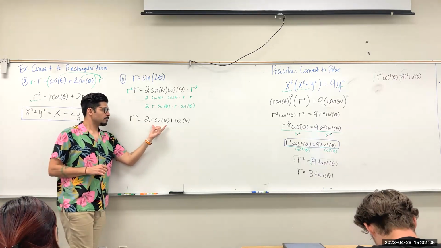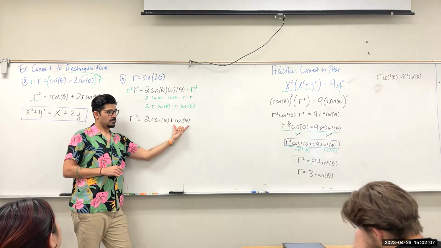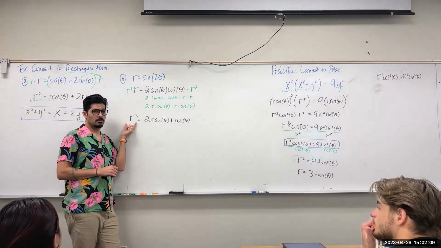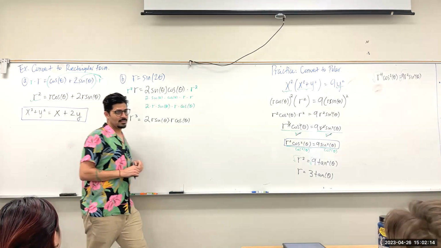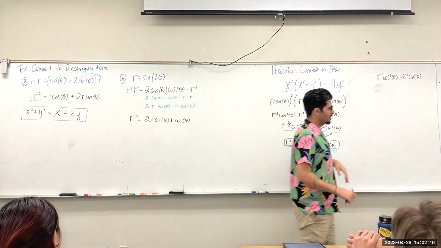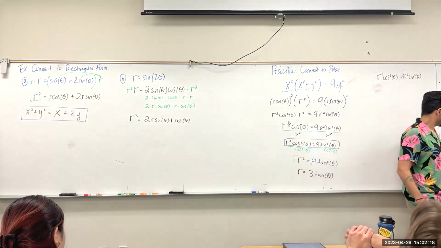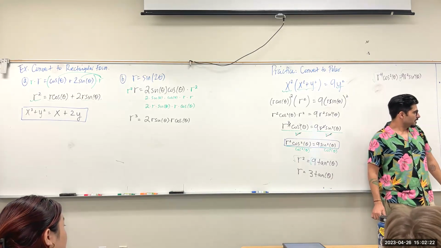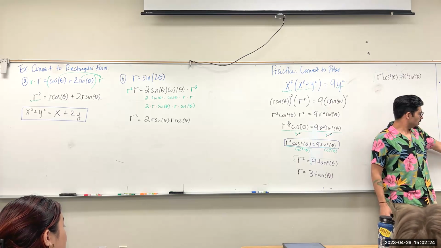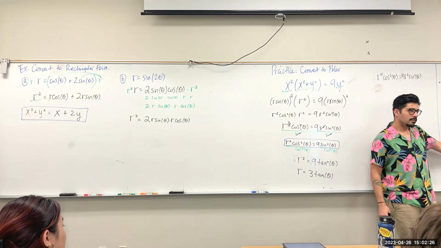Well, look, this becomes y, this becomes x, but then we're stuck with the r cubed. Just make it like x squared plus y squared times the square root of x squared plus y squared. You know what I mean? Oh, you take an r squared out and then you make the rest back into a square root.